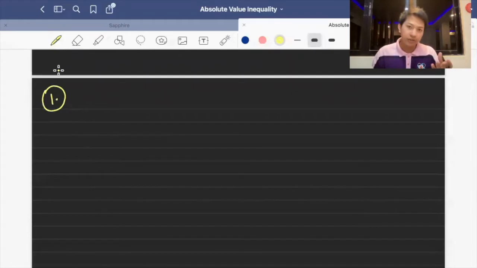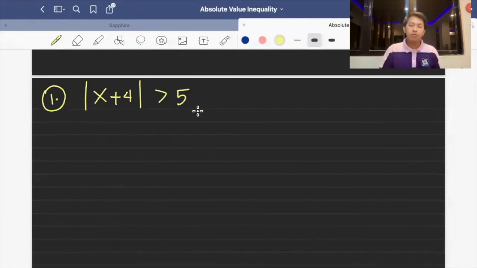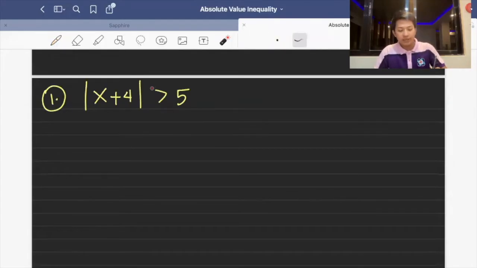So the first one is the absolute value of x plus 4 is greater than 5. The first thing that we're going to do is to identify if this is a union or intersection. Since this is greater than, it means this is a union.